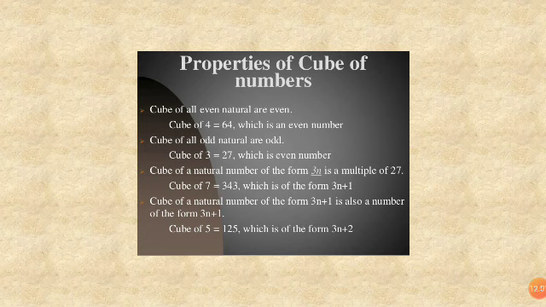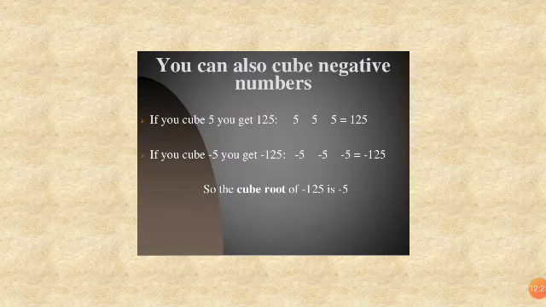The cube of 7 is 343, which is of the form 3n plus 1. The cube of a natural number of the form 3n plus 1 is also of the form 3n plus 1. The cube of 5 equals 125, which is of the form 3n plus 2.